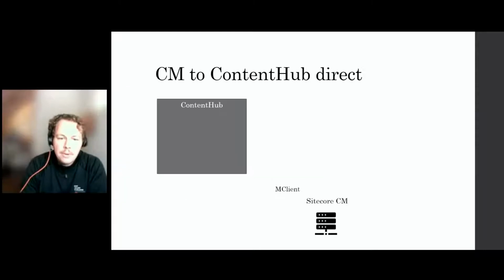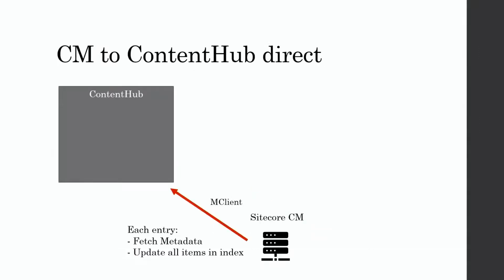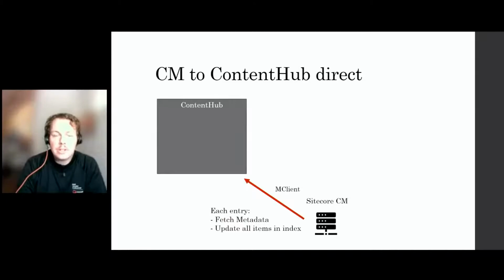In the example before, upon picking an asset through the asset chooser, Sitecore CM creates an mClient session. mClient is the Stylabs Sitecore Content Hub SDK, and it opens a connection and fetches the metadata and updates the items. If you just need one additional field or something like that, that's fine. It's probably the best way to do it.